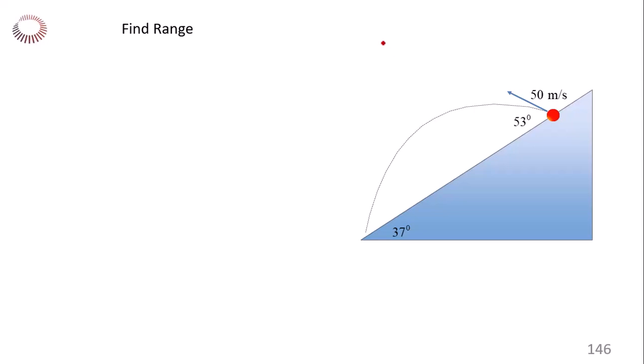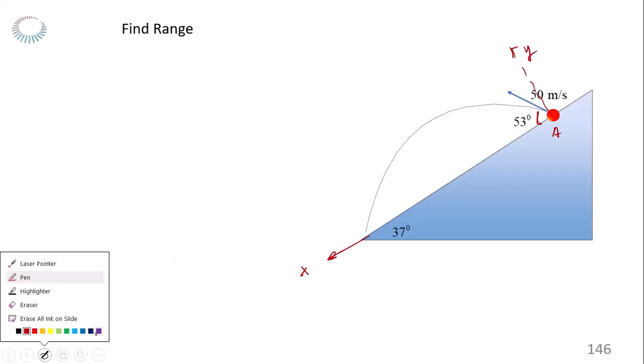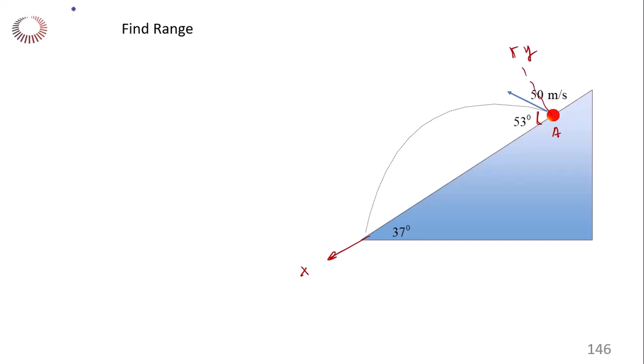Now, if the particle is projected from the top of the plane, now the particle is moving down. Now there is a difference. So if I project the particle at an angle 53 degrees from point A, now our axis system will change. So the X axis should be down the plane and Y should be perpendicular to the plane. Now, if I again write the table, what is Ux?